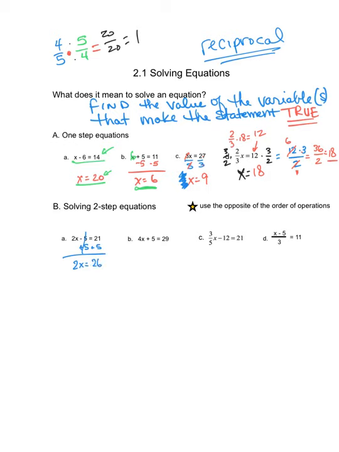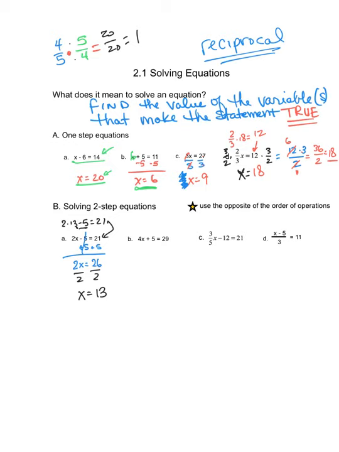And now, just like we did in example C, we divide both sides by 2, and x equals 13. And if I put it back into the original equation, 2 times 13 minus 5, 2 times 13 is 26, 26 minus 5 is 21. It makes it a true statement. Therefore, we have solved it correctly.